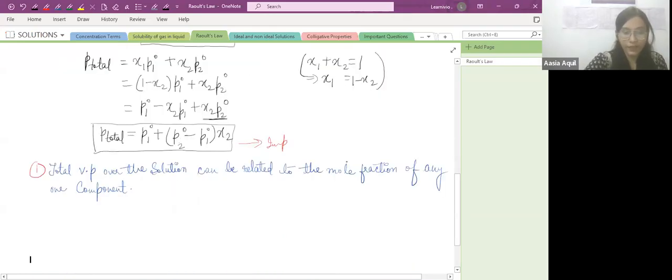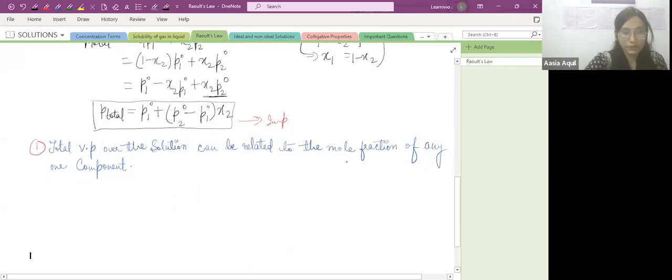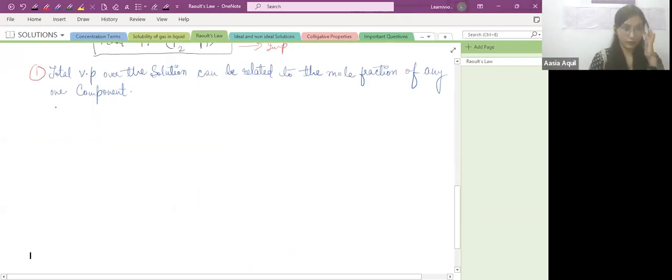So you will get a different equation. That's why I'm writing this point, that total vapor pressure over the solution can be related to the mole fraction of any one component, right?